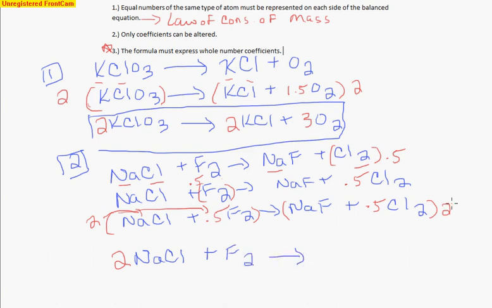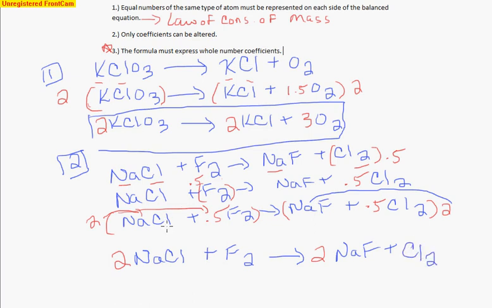Now again, we have to distribute this 2 over to NaF, so now we have 2 NaF, and again, distributing this over with 2 times 0.5 is 1 Cl2. Again, because the 1 is implied, we don't necessarily have to write it. So now this just becomes 2 NaCl plus F2 yields 2 NaF plus Cl2. I should probably write that in blue to keep with the system.